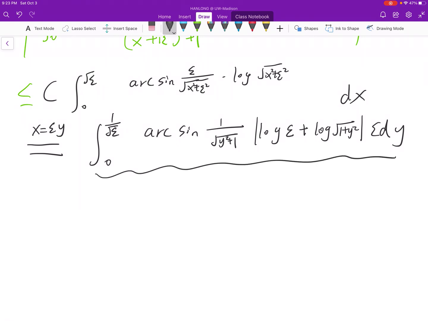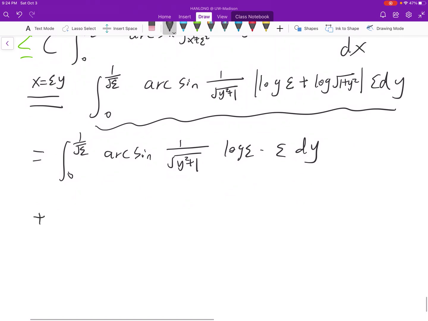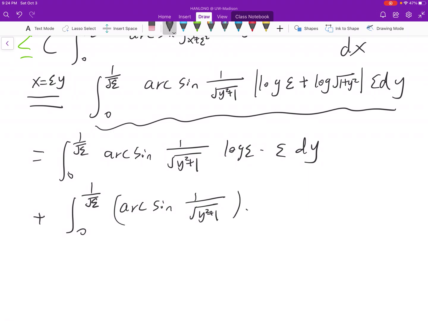Of course, you can separate this into two parts. Arc sine 1 over square root y squared plus 1 times log epsilon times epsilon dy, and then the other term is from 1 over square root epsilon, arc sine 1 over square root y squared plus 1 times log square root 1 plus y squared epsilon dy.